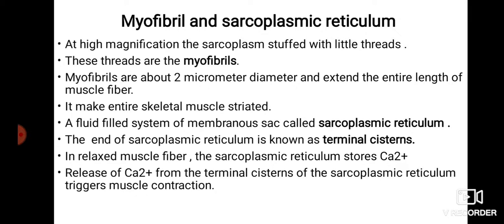So at the time the muscles are contracted, the sarcoplasmic reticulum releases the calcium ions, and these calcium ions attach to the proteins on the actin, change their structure, and contraction happens.